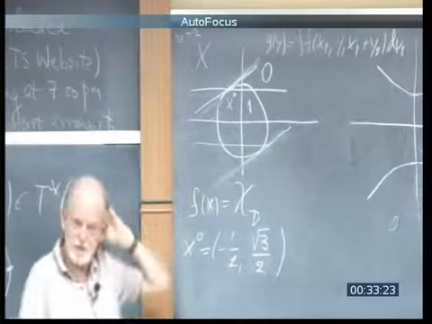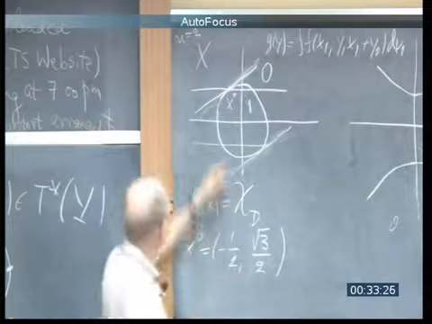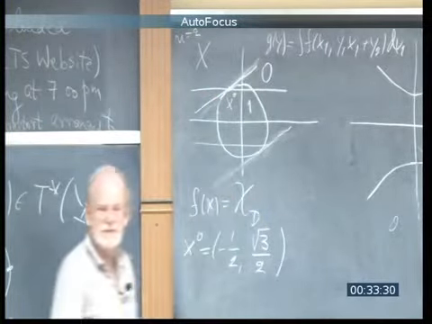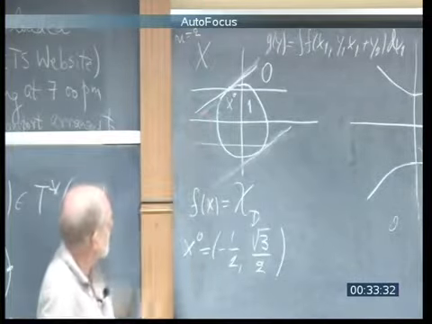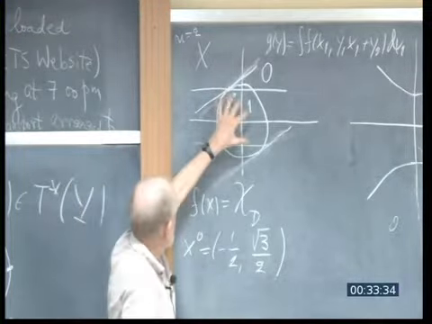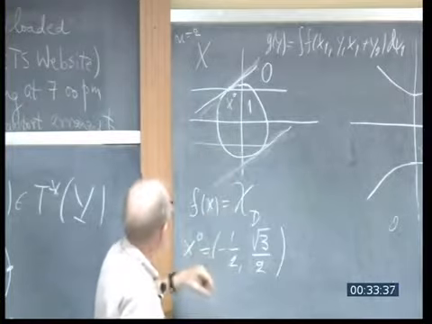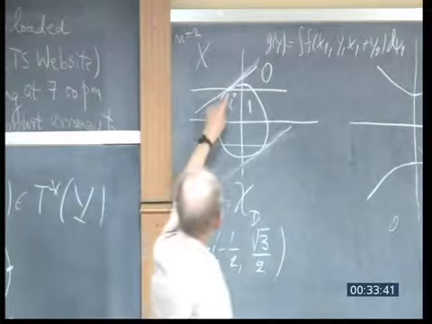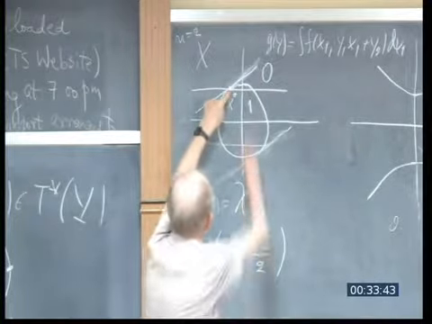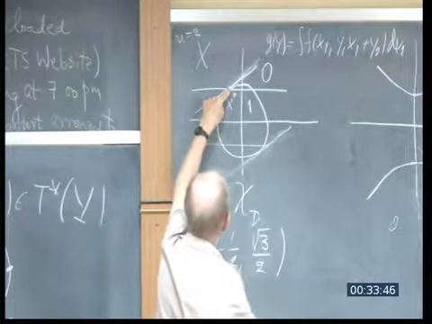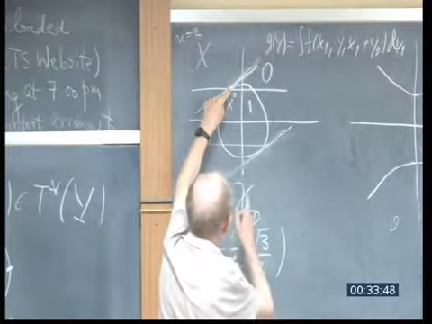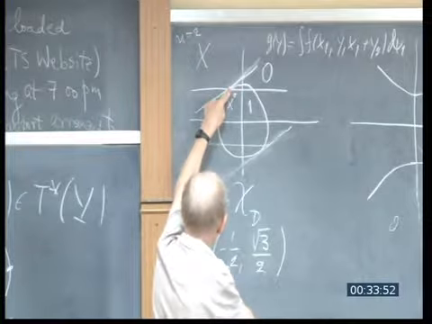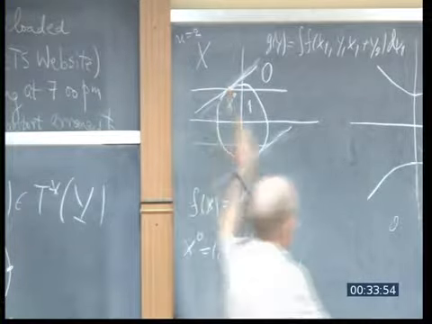But according to our analysis and according to the example, this won't happen unless the line is tangent to the boundary, which means this line corresponds to y2 equals 0 and y1 equal to 1/2.